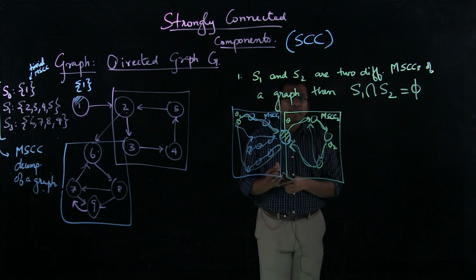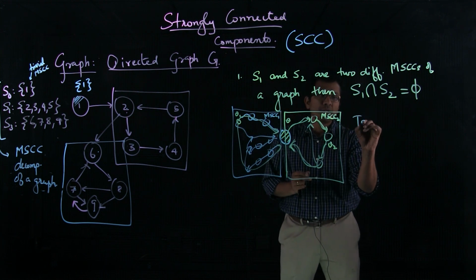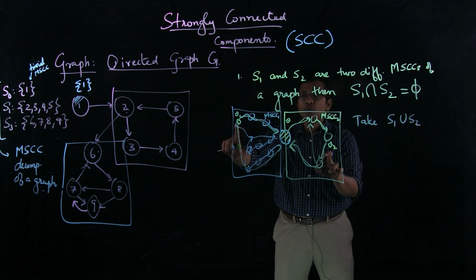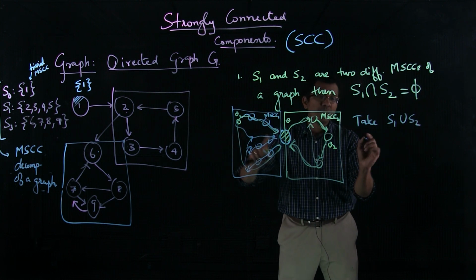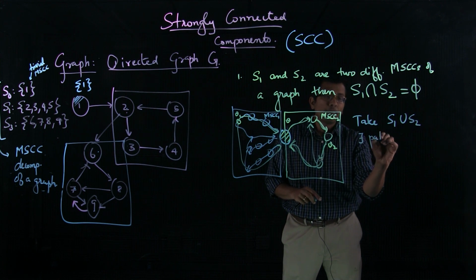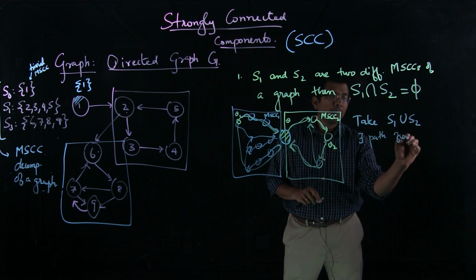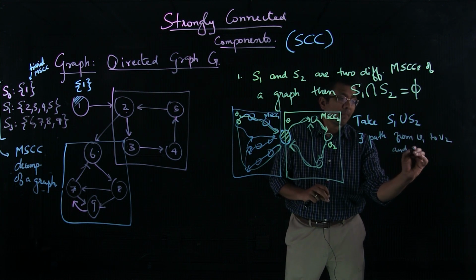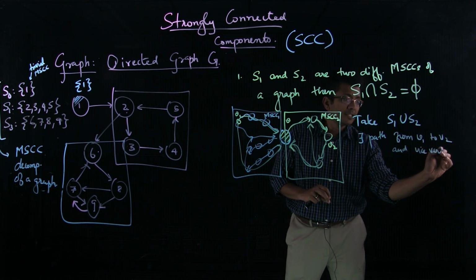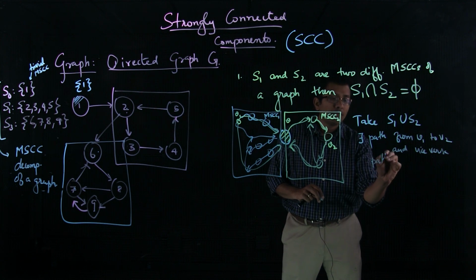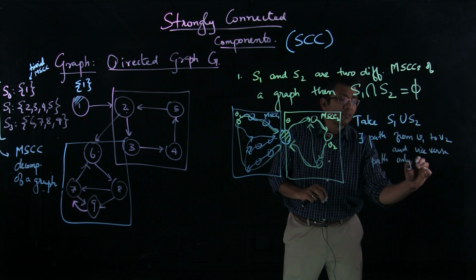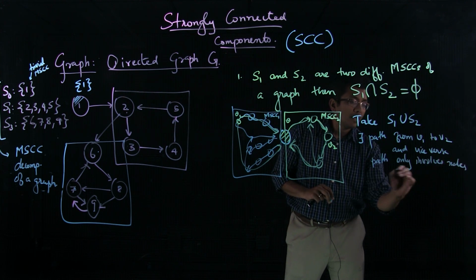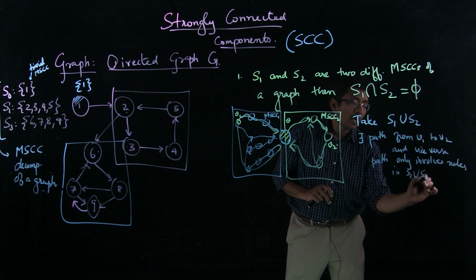And therefore, let me take S1 union S2. If I took any two vertices in S1 union S2, then there exists a path from V1 to V2 and vice versa, and this path only involves nodes in S1 union S2. How is that?